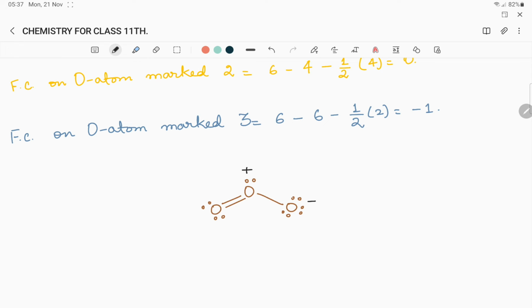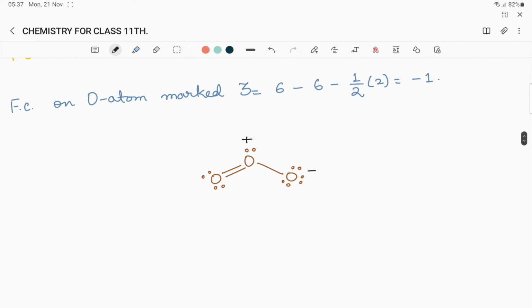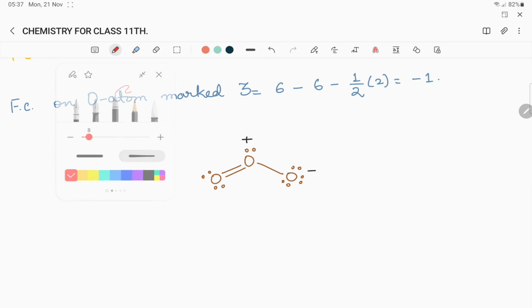So what kind of help does formal charge provide us? Formal charge helps in the selection of the lowest energy structure from a number of possible Lewis structures for a given species. Okay, they do not indicate real charge separation within the molecule, they just indicate the lowest energy structure. So let us write this point in the last.